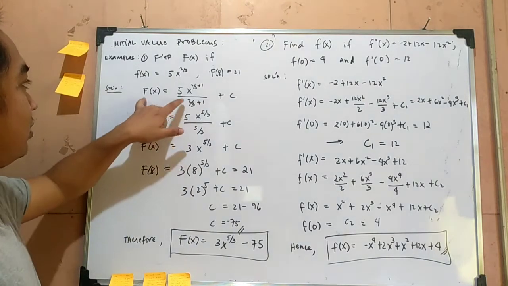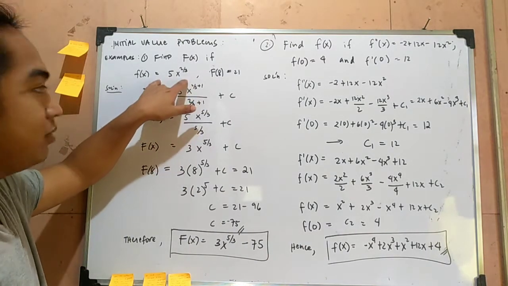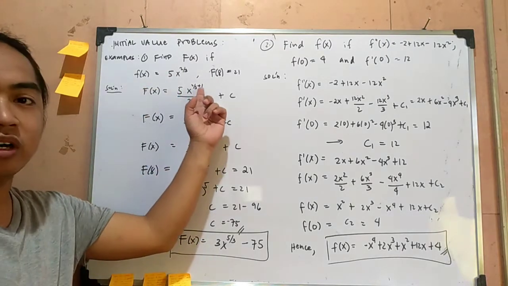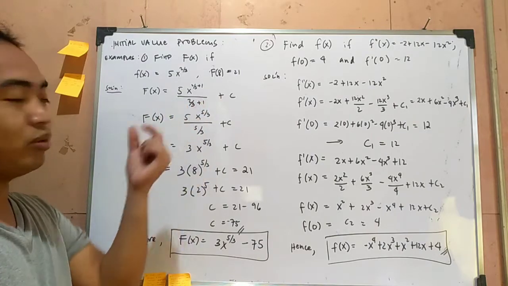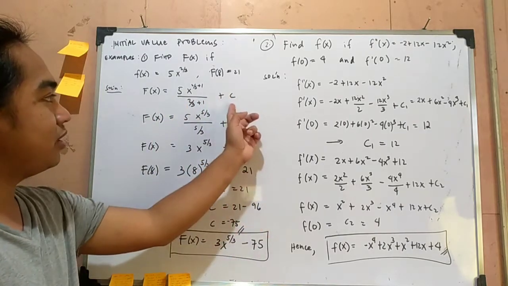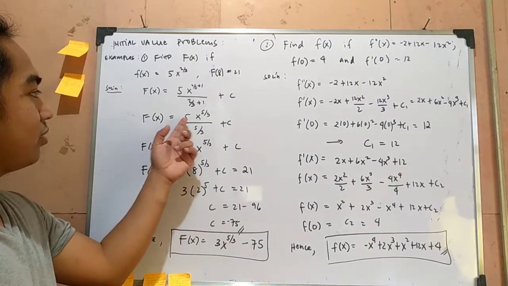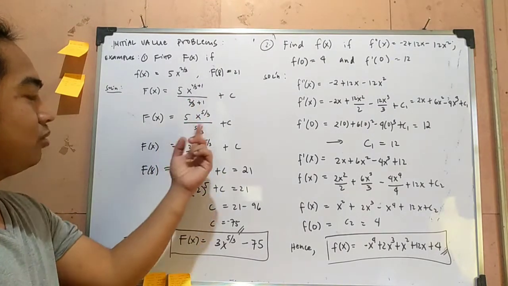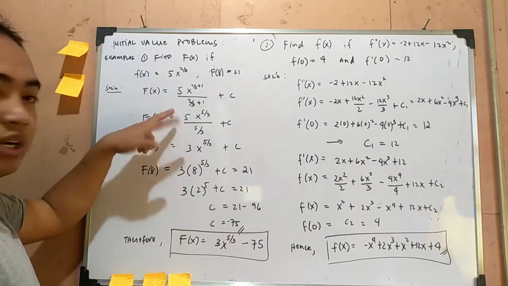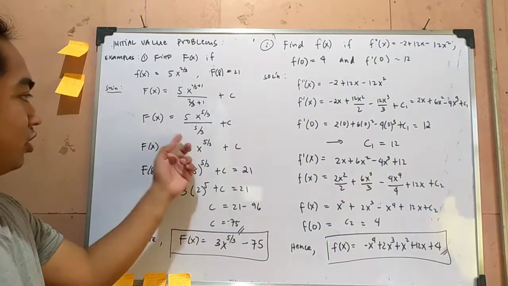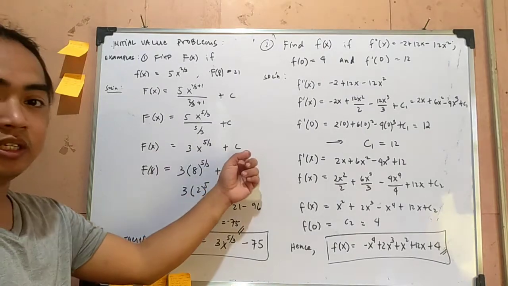So, kunin natin antiderivative nito, again, that will be yung exponent, ma-add ng 1, divided by the new exponent. Then, huwag kalimutan yung plus c palagi. Okay, simplifying, we get 5x raised to 5/3 over 5/3. Kasi ito magiging reciprocal siya, no? So, mag-cancel yung 5, matitira is 3. 3x raised to 5/3 plus c.